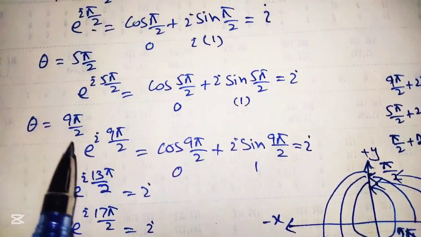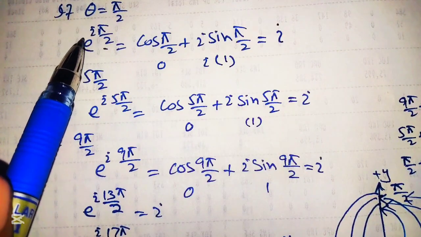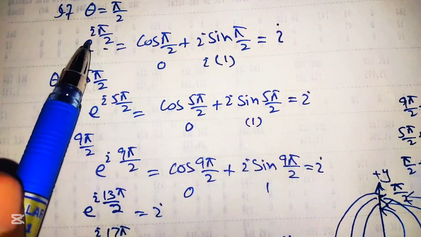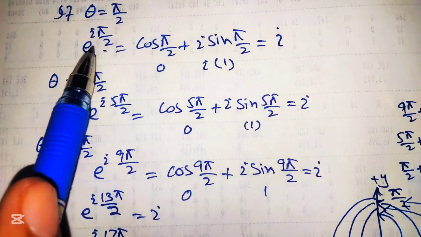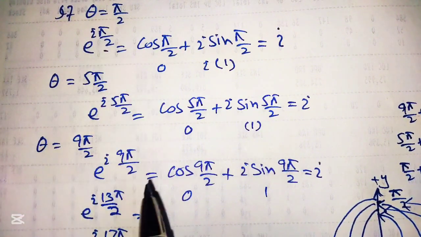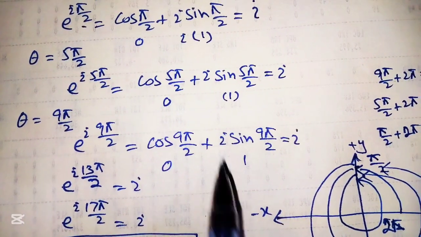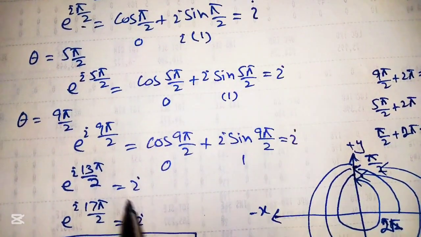From these calculations we prove that the value of e raised to power iota into theta on the positive y-axis, that is pi by 2, 5 pi by 2, 9 pi by 2, and 13 pi by 2, is always equal to iota.